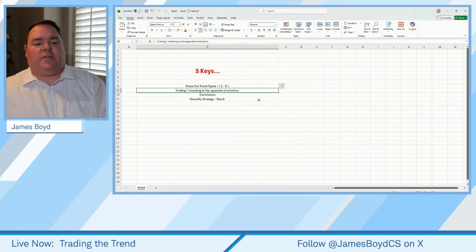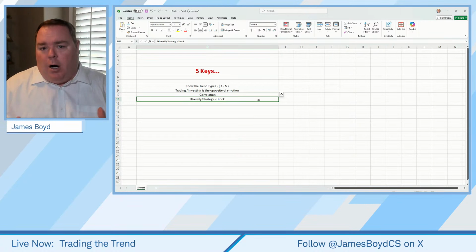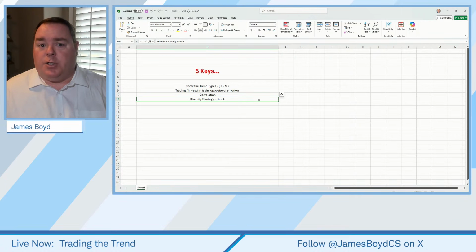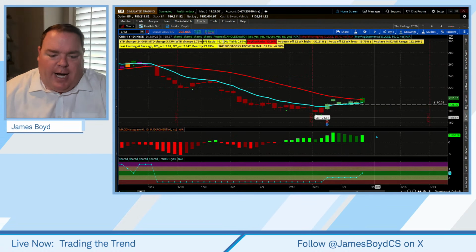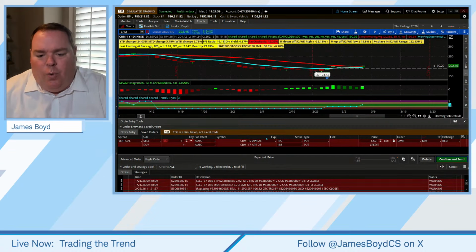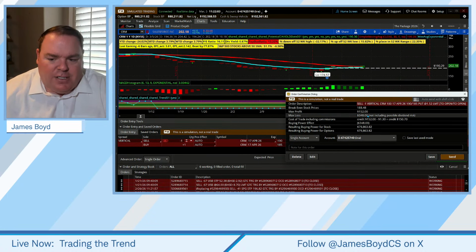Now, when we talk about diversifying strategy, this is where the investor might say, in different market conditions, I might want to use different tools and strategies, because I want to use different things like time, max gain, max loss, probability, and so on. In this trade example, let's say we said, look, we cannot risk more than $500.